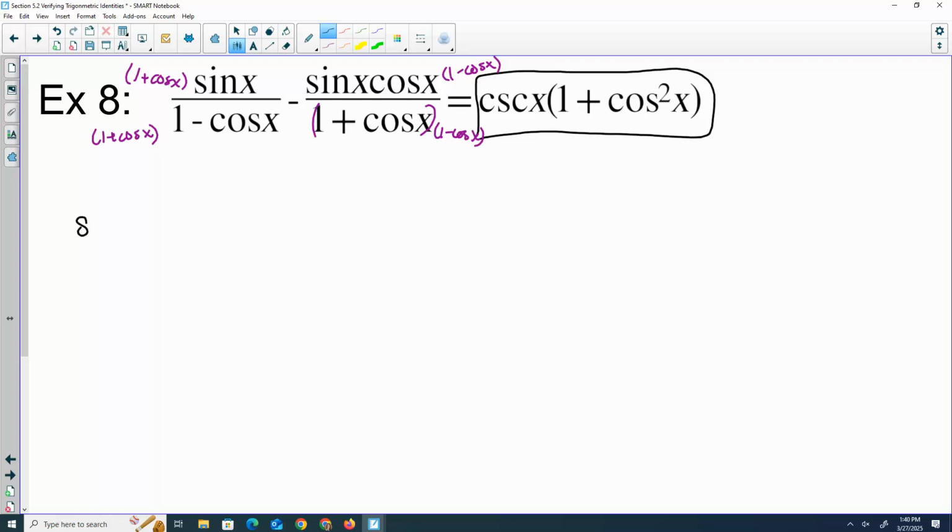So if I distribute, I get sine x plus sine x cosine x. On the bottom, if you FOIL, you get 1 minus cosine x and plus cosine x cancel, minus cosine squared x.